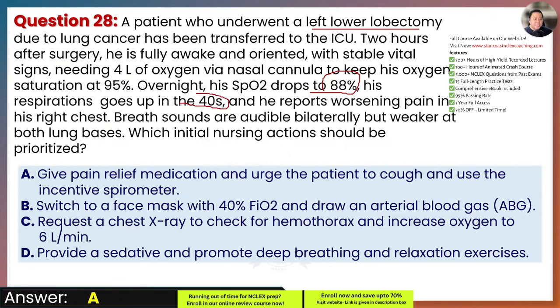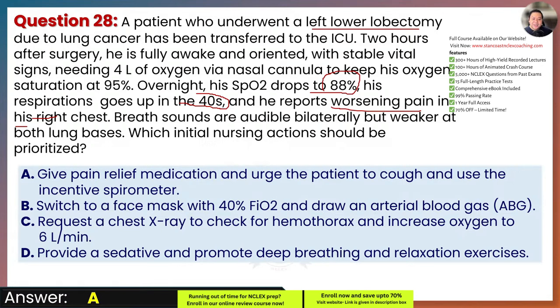And also complaining of worsening pain in the, actually this is in the left chest. Basically just chest. So this is basically a client that is having post-operative pain. Okay, so why is letter A the correct answer here?